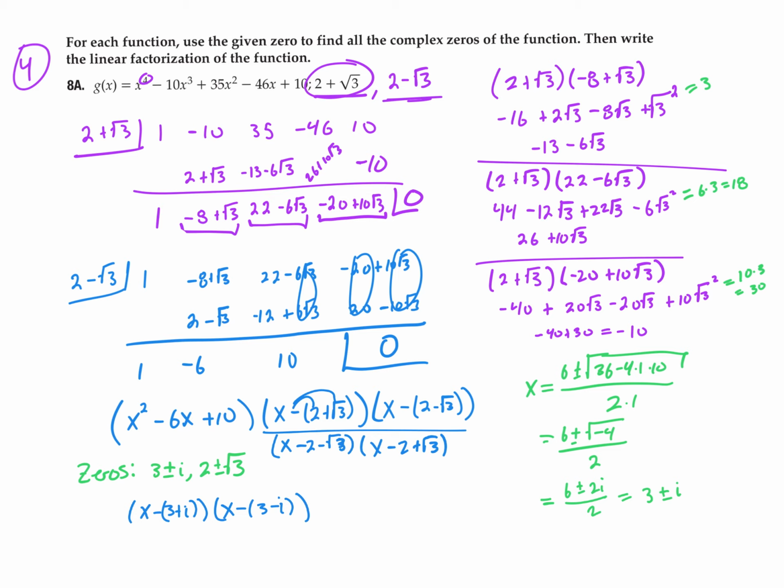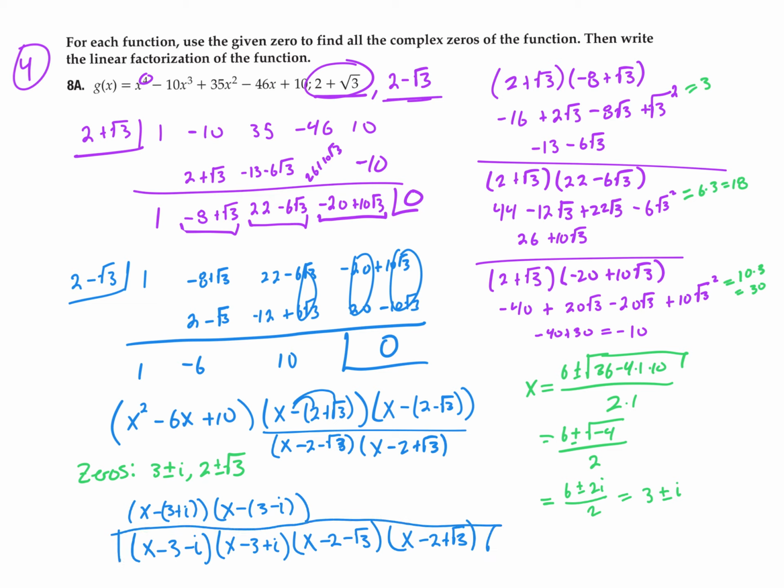Doing something similar here, this will be my final answer. It's going to be x minus 3 minus i, x minus 3 plus i, and these from up here, x minus 2 minus the square root of 3, x minus 2 plus the square root of 3.